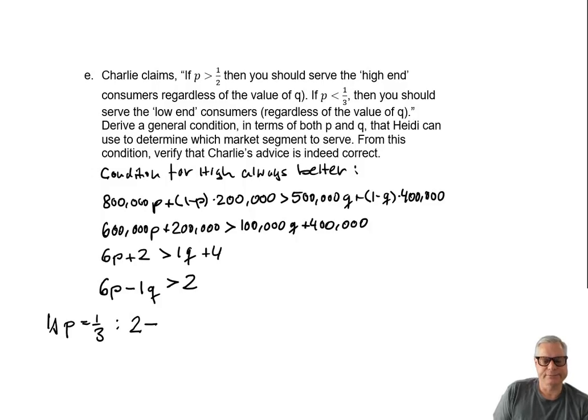And then just a little bit of a probability that something is favorable in the low-end market, like 0.001 for Q, will now make the low-end consumers more attractive. So Charlie is indeed correct, and this would be the condition.